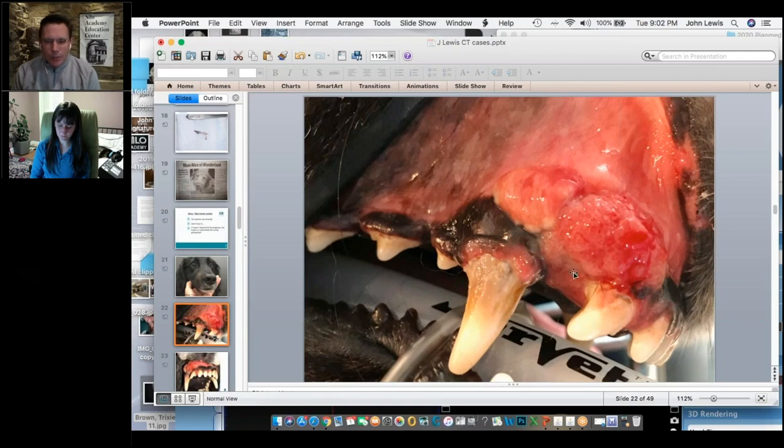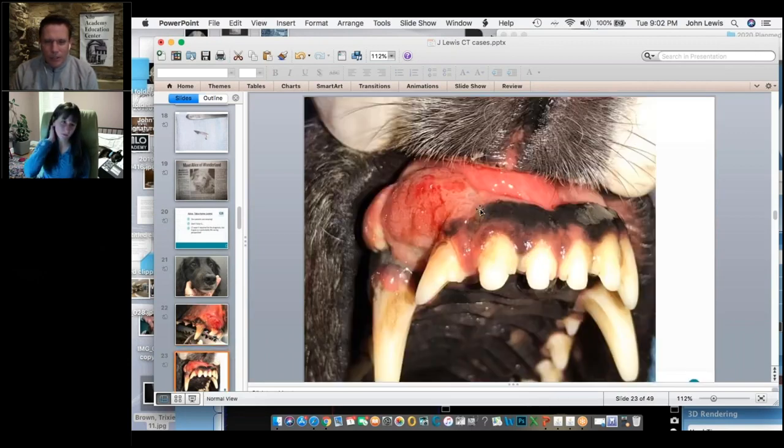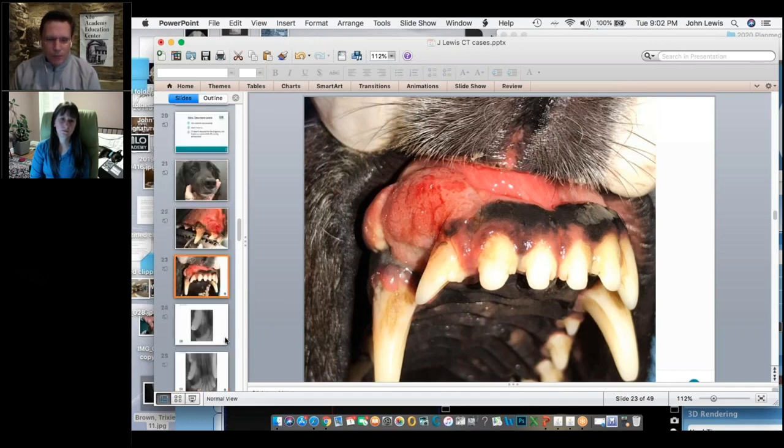The papillary squamous cell carcinomas often have this verrucous, lumpy, bumpy type of appearance to them, and this was readily bleeding, and you can see from this view, it is causing some changes to the adjacent gingiva between the second and third incisors, in addition to the diastema between the third incisor and the canine.